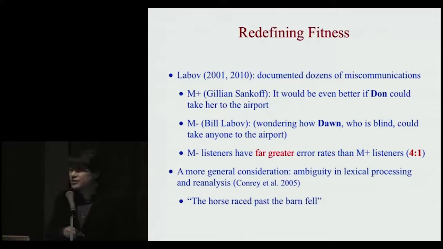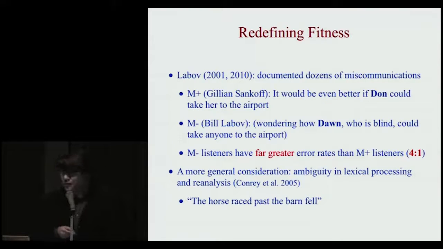And the more general consideration, I think, is actually not gross miscommunication, because that happens rarely. 40 instances, 80 instances in 25 years is not a lot. In most cases, you can figure out what the other person is trying to say. So I think here the general consideration is actually the ambiguity introduced by competing phonemic systems and the confusion they introduce at a very temporal scale, very subliminal, that could actually mislead people.